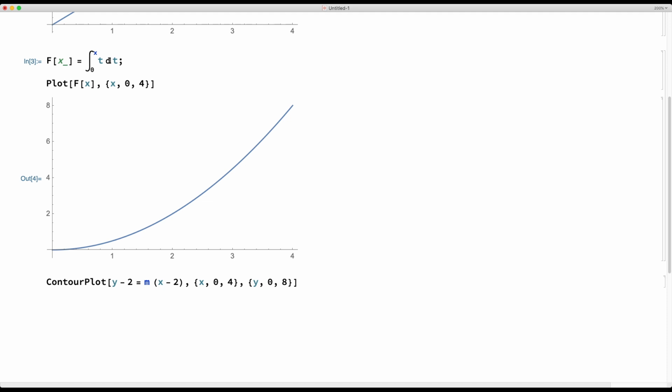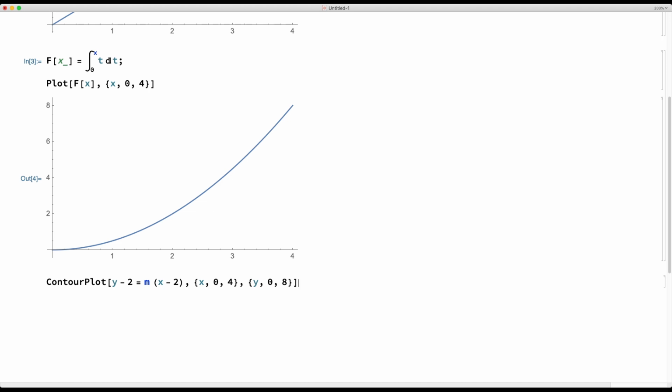What gave us the slope? What tells us the slope? The derivative of something. Which function, little f or big F? It's kind of a trick question. It's big F, because what function did I plot there? What's this parabolic looking thing? Is that big F's graph or little f's graph?